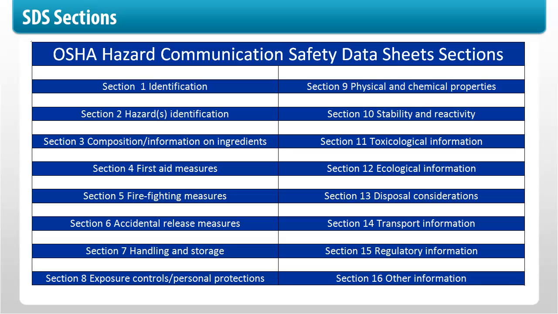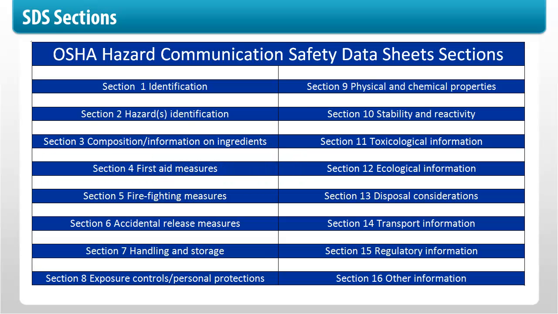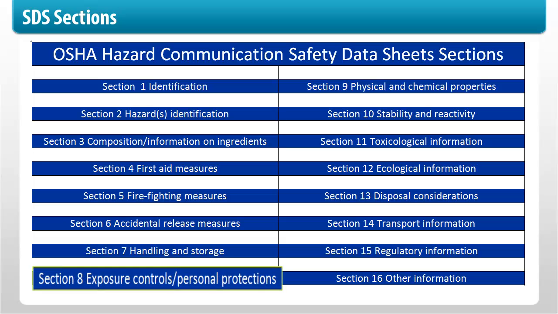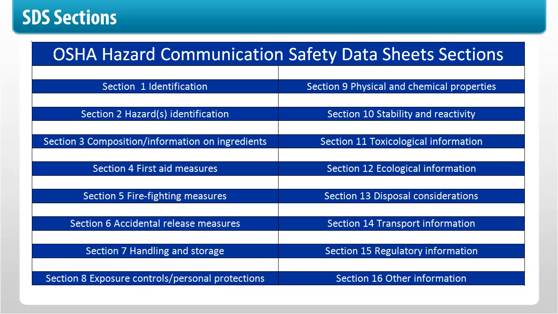Since label formats will be standardized, a worker will be able to quickly identify important information, for example, first aid measures, by referring to Section 4, regardless of the chemical that's being used. Or an employee with questions about appropriate PPE will always refer to Section 8.